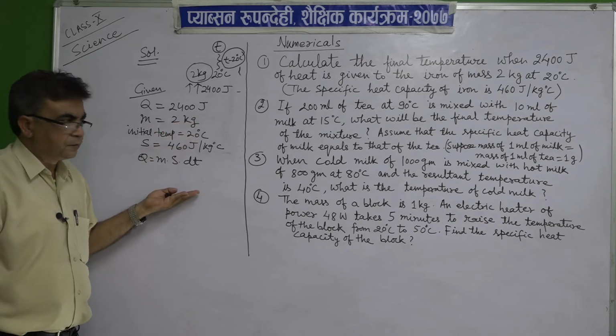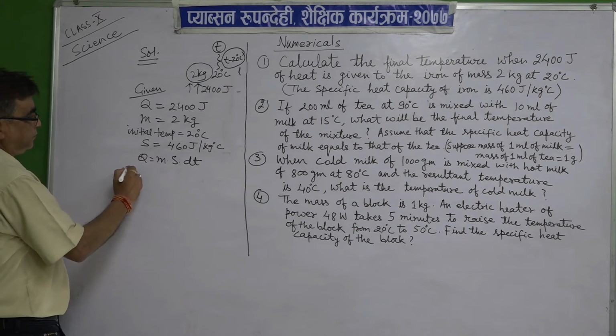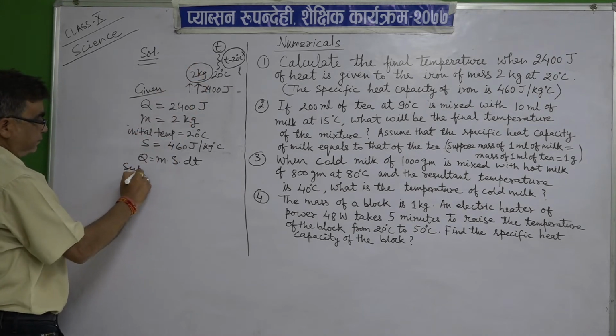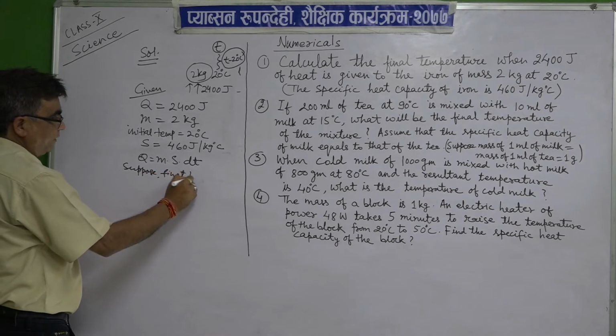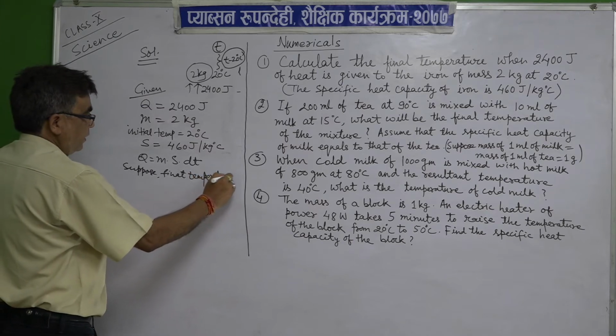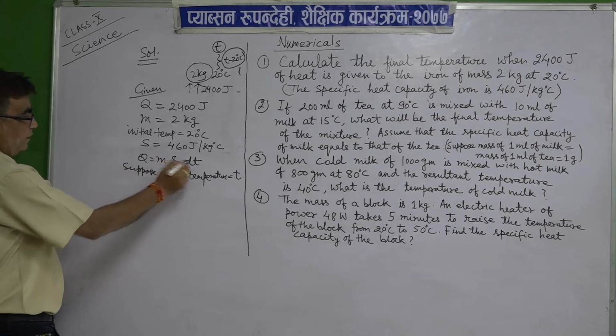So, it is up to you. For example, suppose you have been asked the final temperature, then you can suppose final temperature equals T. Then what will this equation be now?